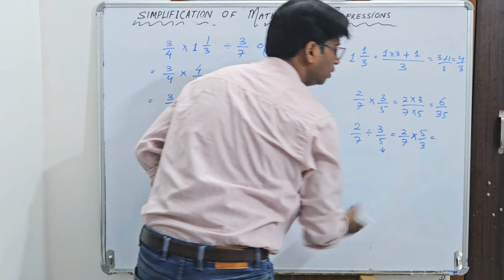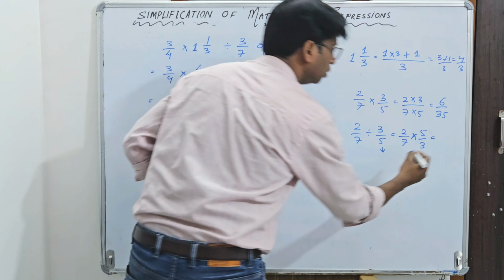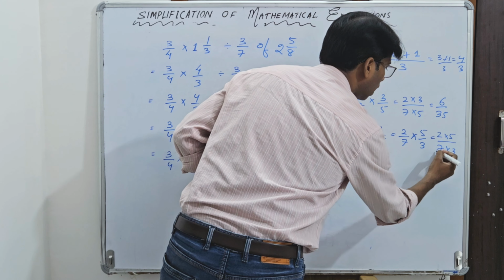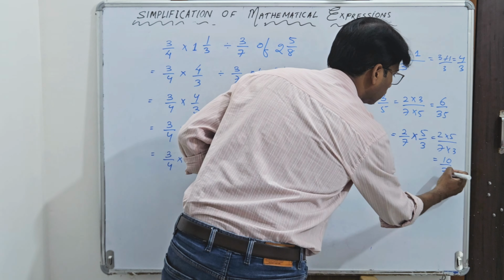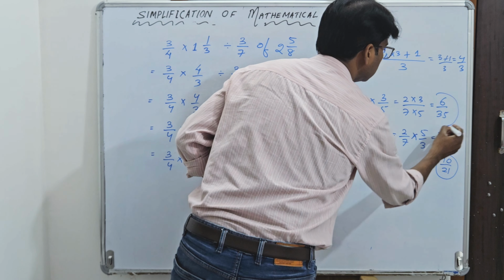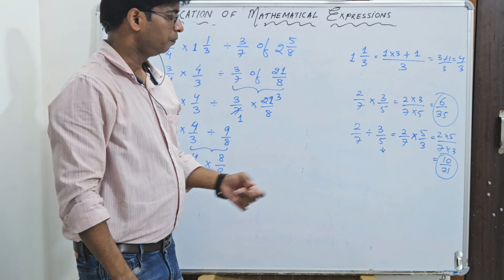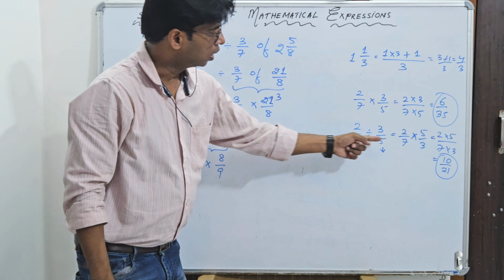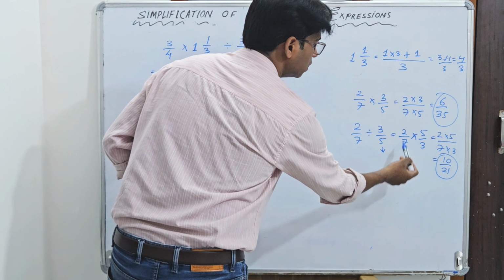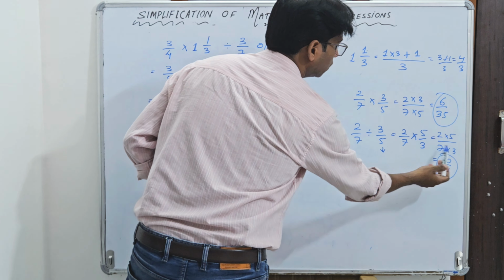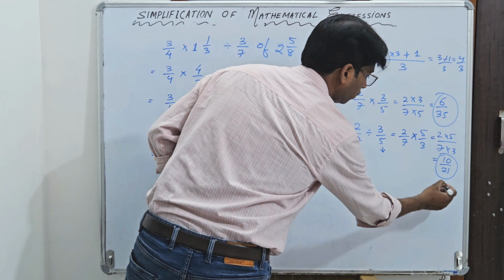Now the same thing, numerator with numerator, that means 2 into 5 by 7 into 3. Here only multiplication, so you got 6 by 35. But when division was introduced, now see the answer. 2 by 7 into 5 by 3. 2 into 5 is 10. 7 into 3 is 21. That is 10 by 21.